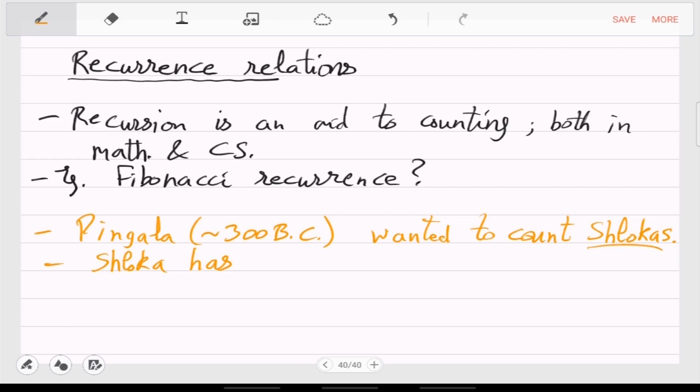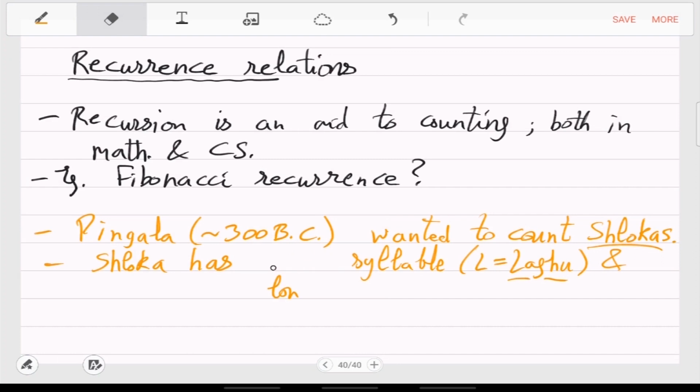So a shlok has a short syllable, which we'll call L for laghu. Okay, and a long syllable, which we'll call guru.